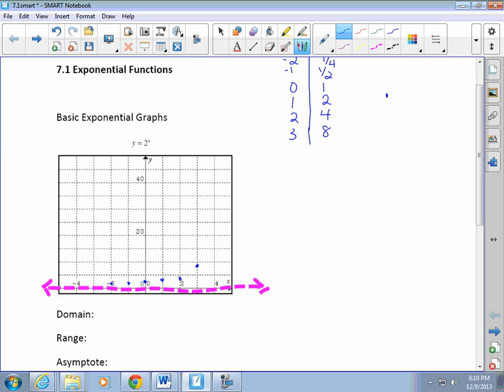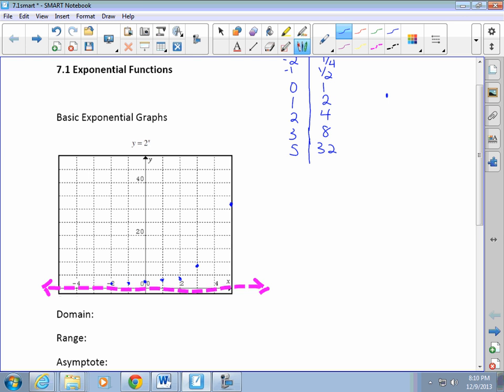And then if I continued going on, if I picked 2 to the power of 5, that is the same as 32. So 2 to the power of 5, which would be right along the axis here, will be 32. So this is 20, 25, 30, so it will be about right there going this way.